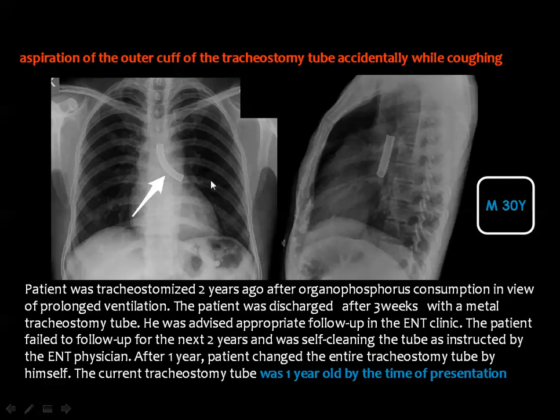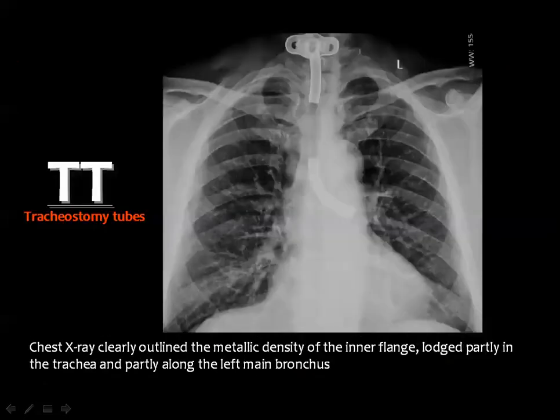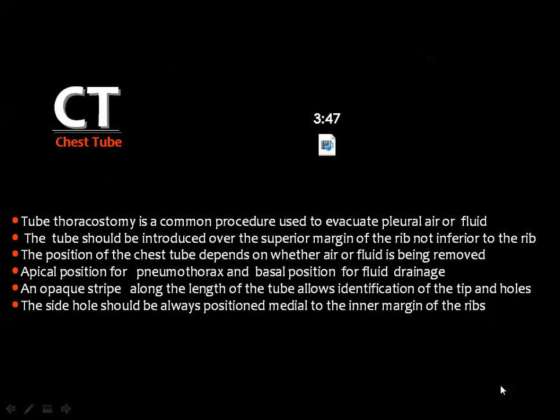And this patient had this slippage for one year duration, and is not complaining of significant symptoms. This is also one of the dislocations or slippage of the inner tube into the left main stem bronchus.